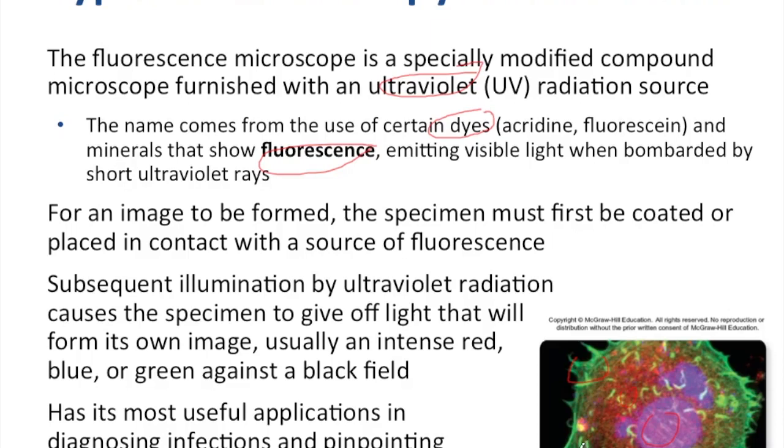For example, we can use red to stain the microtubules, green to stain the proteins in the cellular membrane, and blue to stain the nucleus. So we can see a fancy picture of the cells.